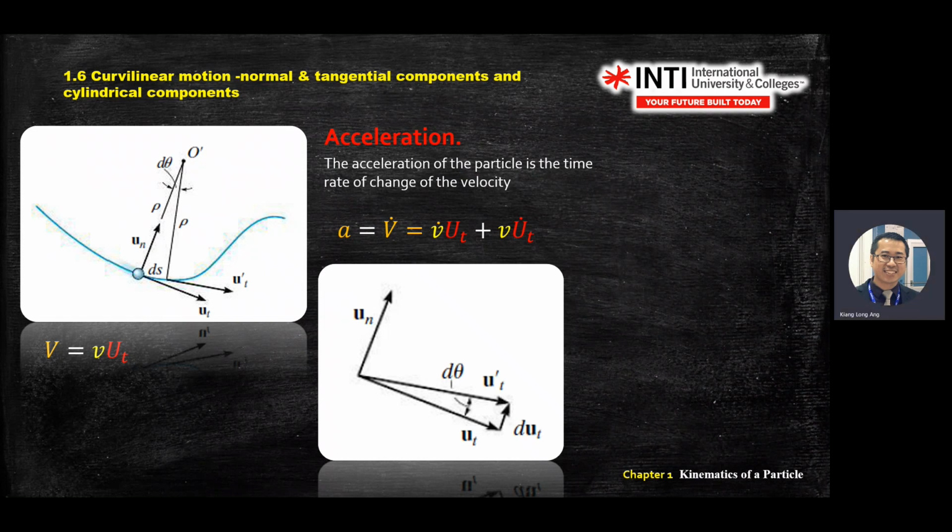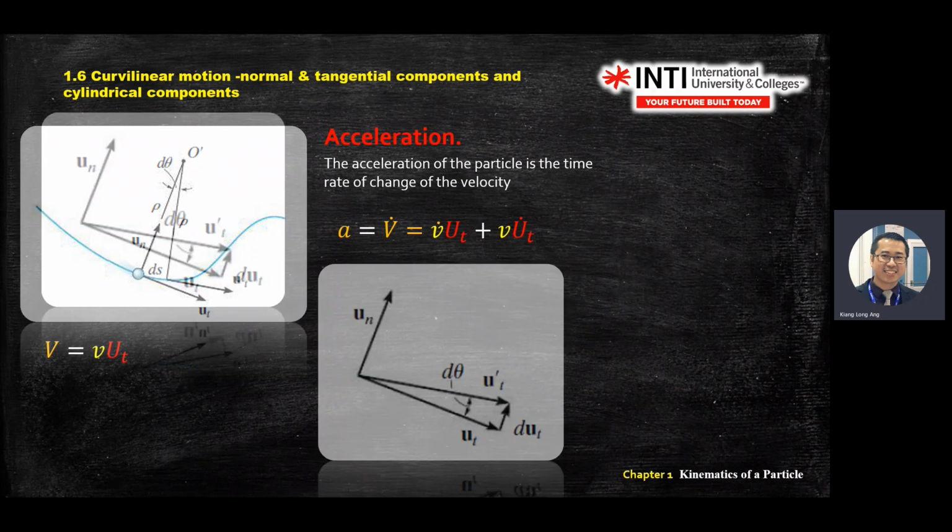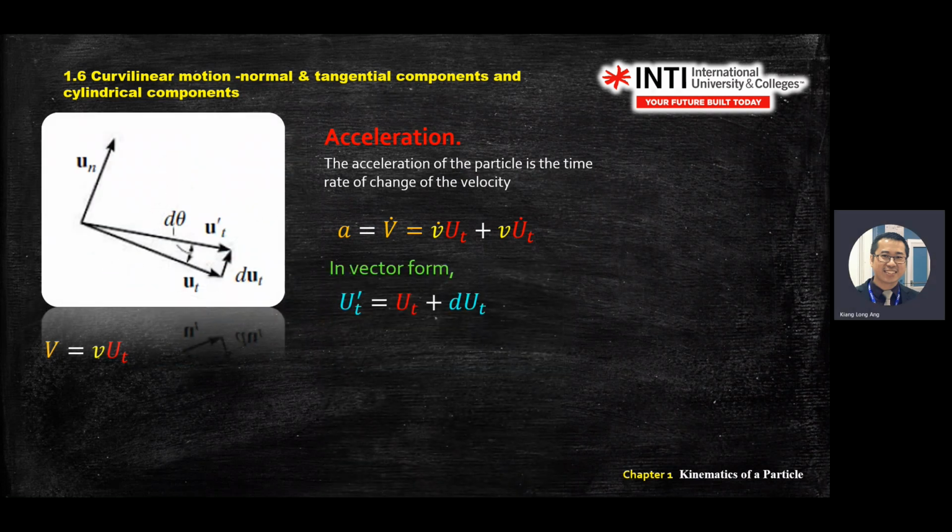Make sense? Go back to this diagram. ut is A, ut is B, du is A, and this one is d theta. Sorry, d theta is wrong.